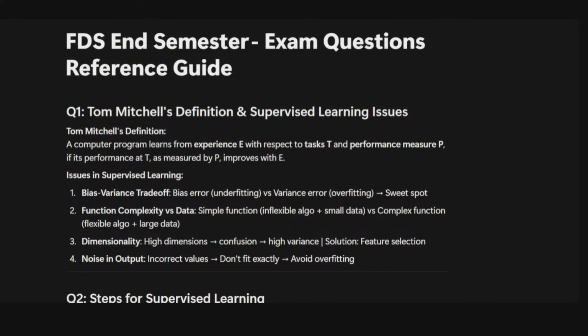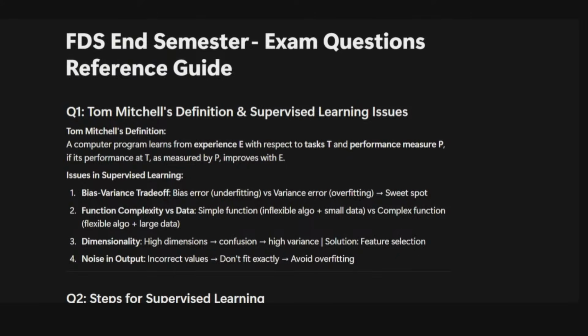So, with that said, we'll start off with solving the end semester examination paper of your 2024 to 25 odd semester. So, first one is: write Tom Mitchell's definition of machine learning and what are the issues of supervised learning. It was a 3 plus 3 mark question. So, for writing the definition of machine learning specific to what Tom Mitchell had said, you would gain 3 marks.